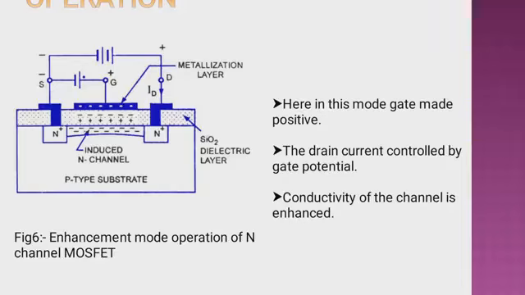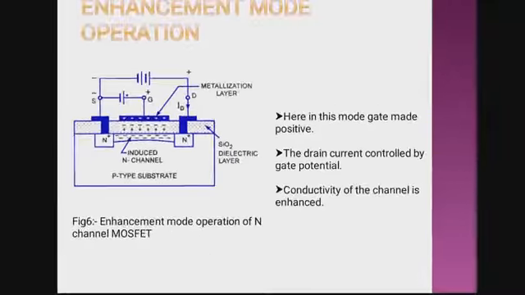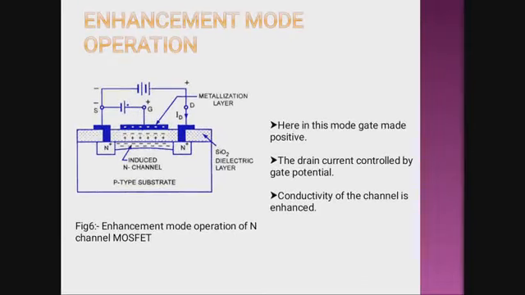Now I am talking about enhancement mode operation of the MOSFET. Why is it called enhancement mode, and what is the basic difference between enhancement mode and depletion mode MOSFET?